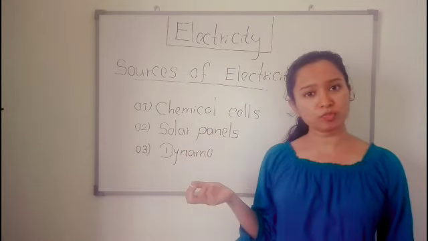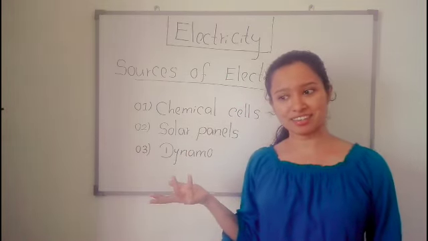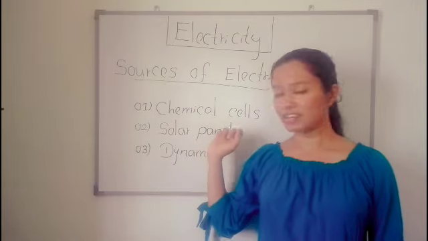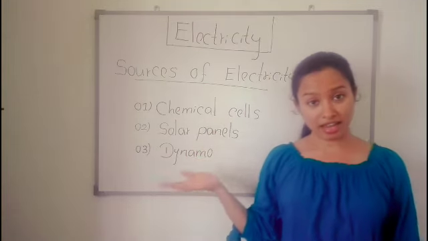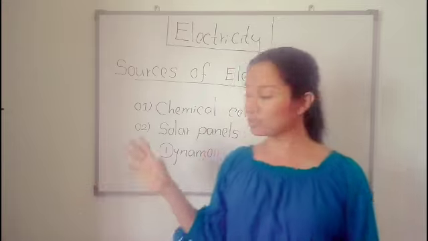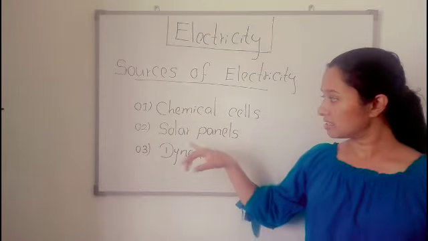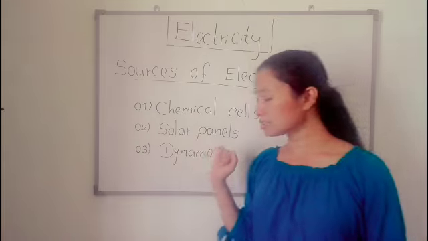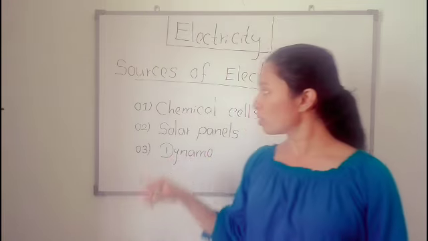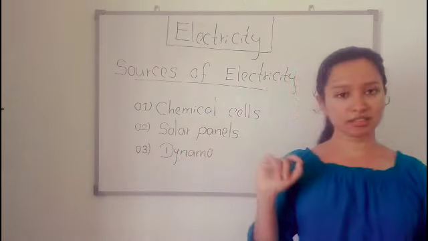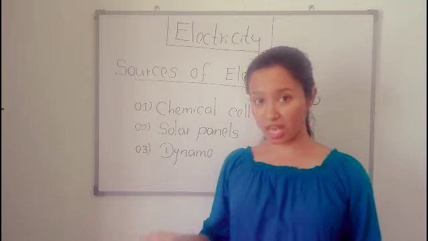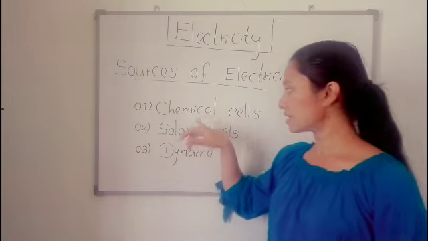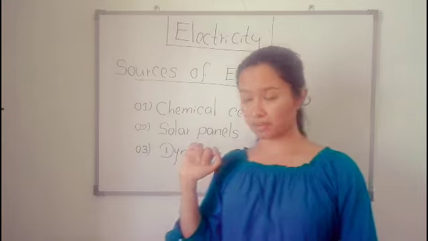What are the chemical cells? Simple cell, dry cells and batteries. Those are the chemical cells. Then the solar panels. The third one is dynamo. The first and second we have covered: the chemical cells and solar panels.